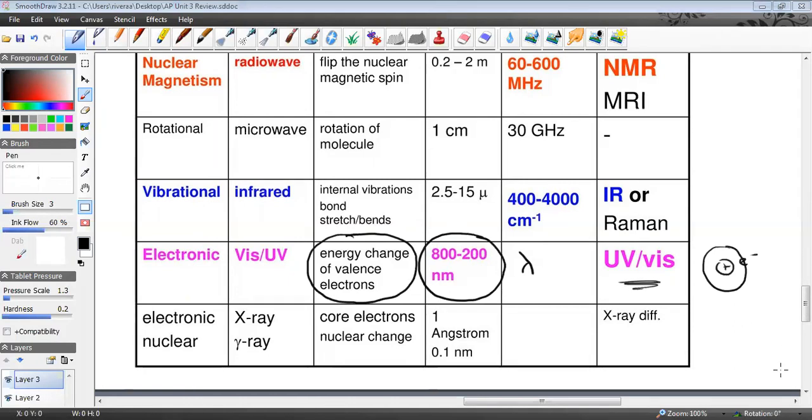So if what we're seeing is visible light or UV light, that means the energy transition happening is between electrons and their energy levels. If the transition is in the infrared range, oh, these are the different devices. Ignore this column. That's just the different names of the different devices. So if you get visible or UV emissions, we're talking about electrons changing energy levels.